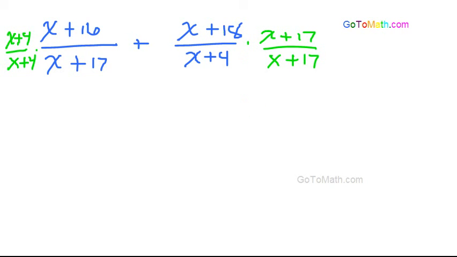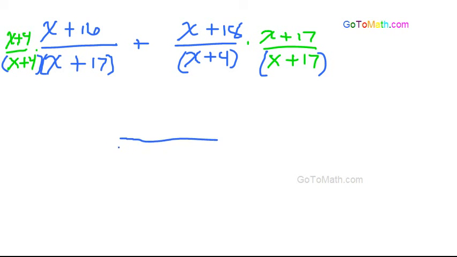Pretty easy. Now that we have a common denominator, we'd want to put parentheses around the bottoms, stating that this is x plus 4 times x plus 17, and the same goes with the top.